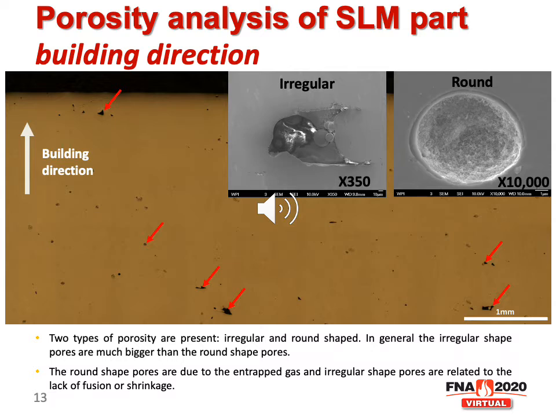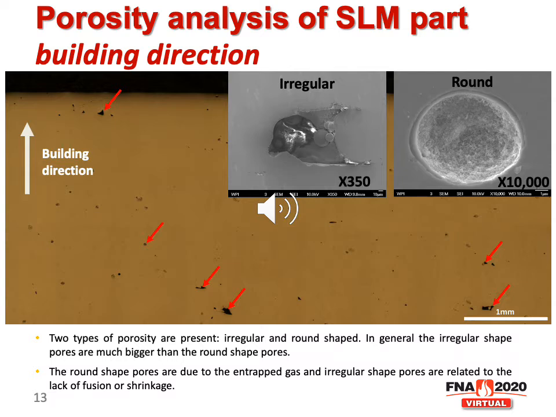We have several micrographs and we put them together so that we can analyze a bigger area. After we had this optical micrograph, we imported it into ImageJ software to count the area of the porosities. We'll talk about that later.